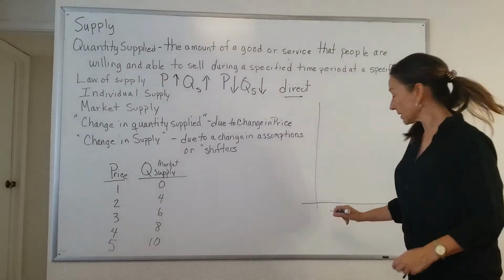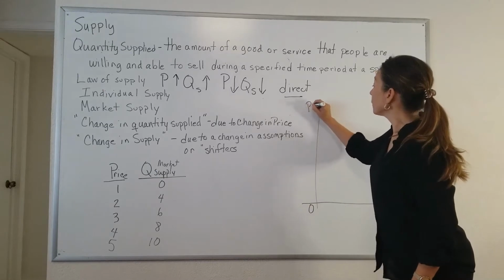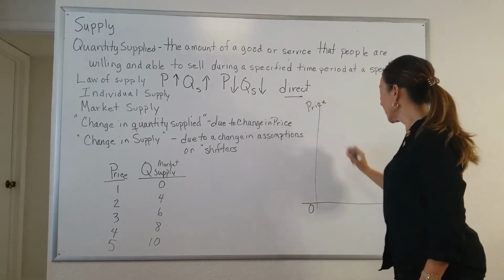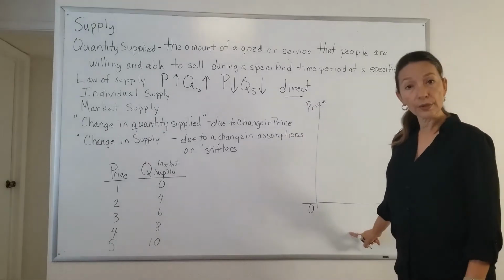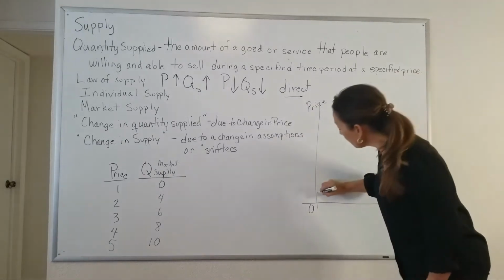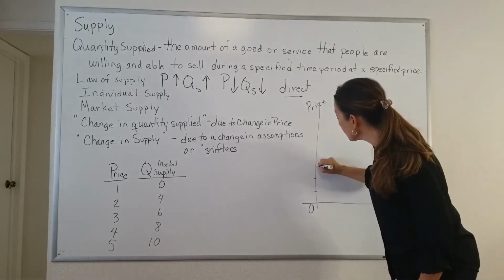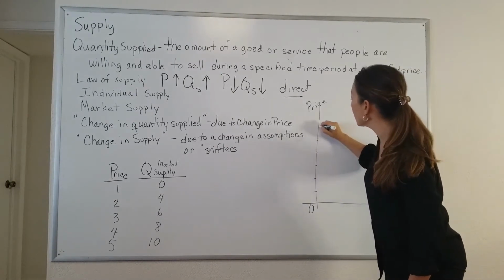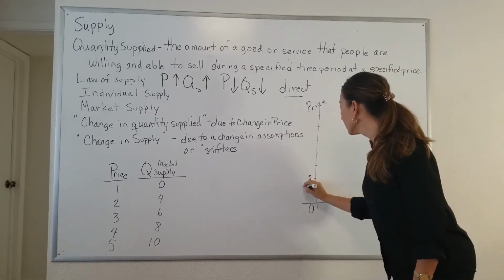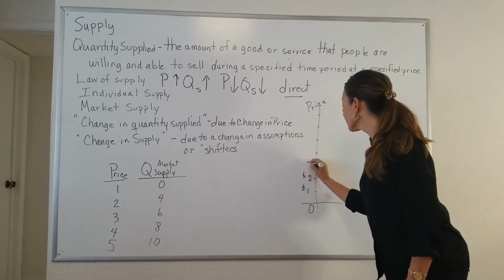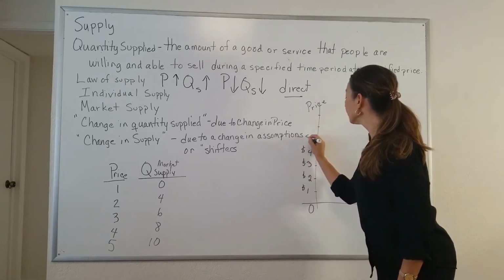We can graph the supply curve out as follows. We'll have our axes, 0 at the origin, price is on the y-axis, and quantity of ice cream cones is on the horizontal axis. So our price points go from 1 to 5. So $1, $2, $3, $4, $5, $6.